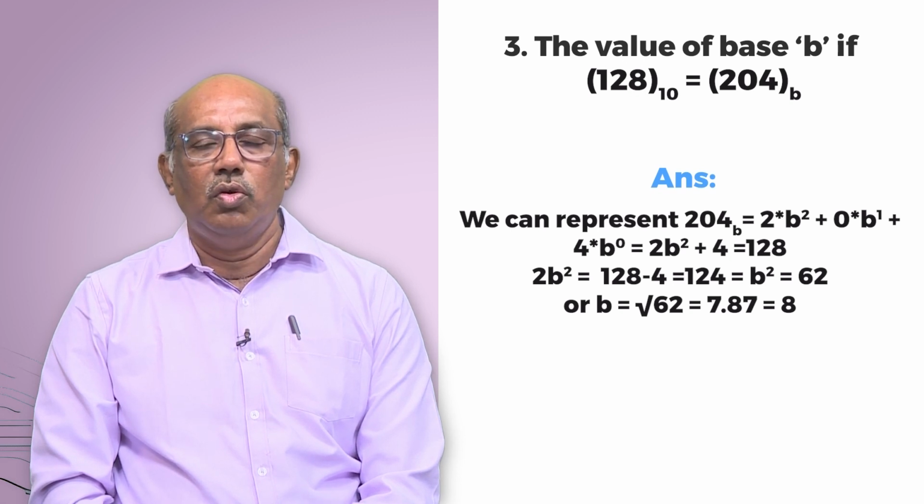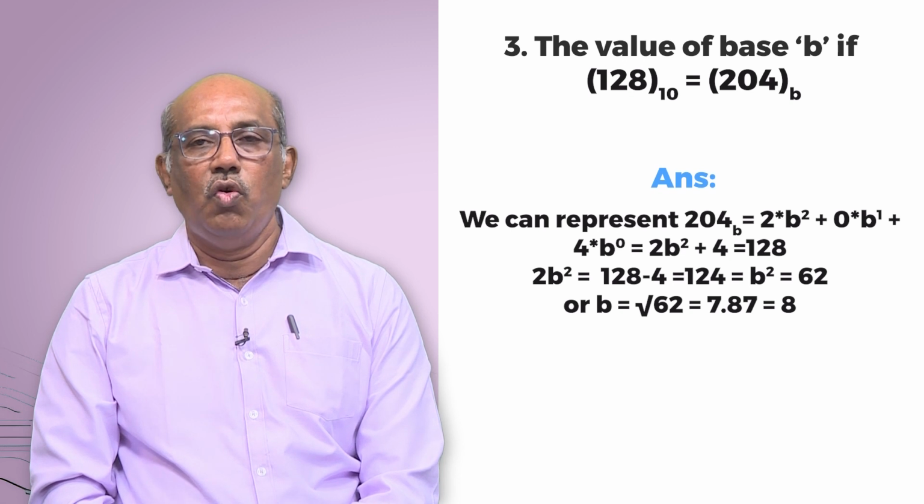So, here also the number, that is 204 with the base as b, we will multiply by the positional weight. It has 3 digits. So, 2 into the positional weight, that is b square, plus 0 into the positional weight, that is b raised to 1, plus 4 into b raised to 0. So, this comes out to be 2 b square plus 4 equals 128.